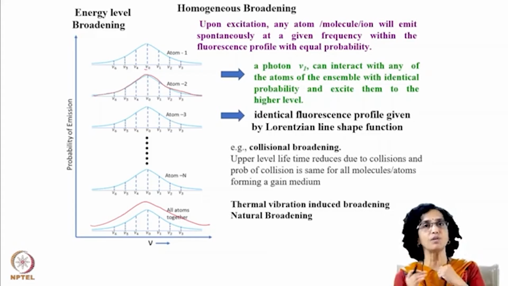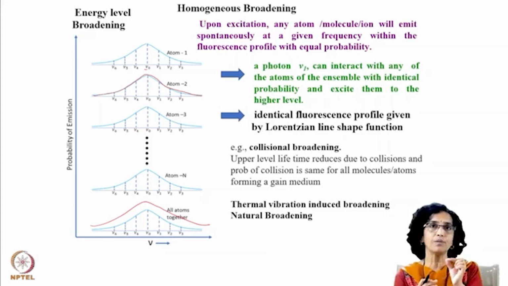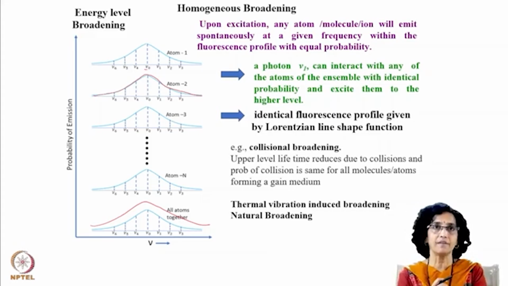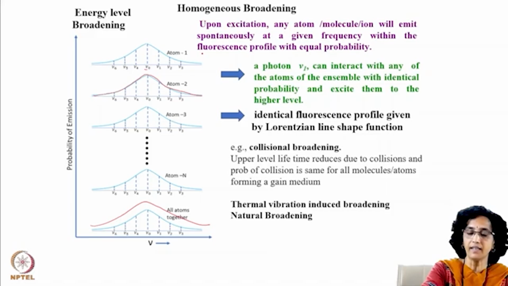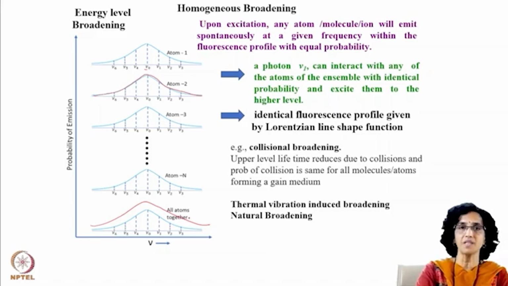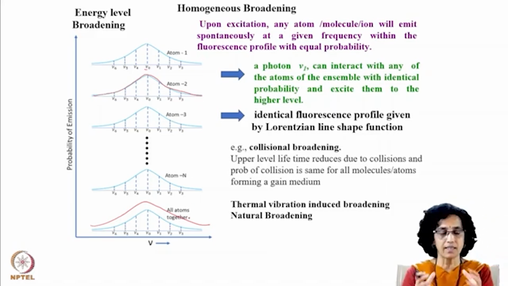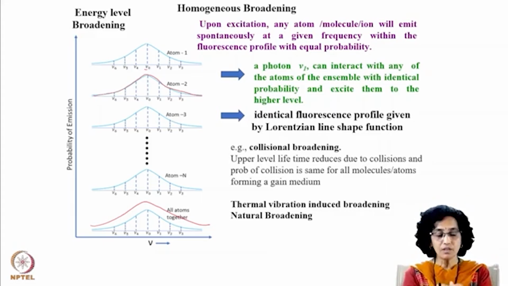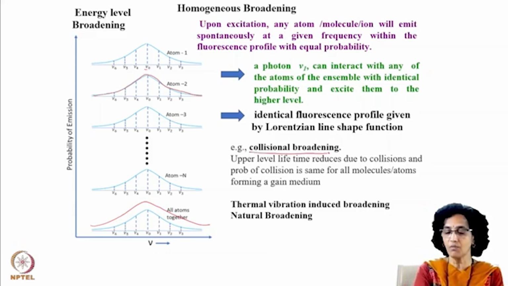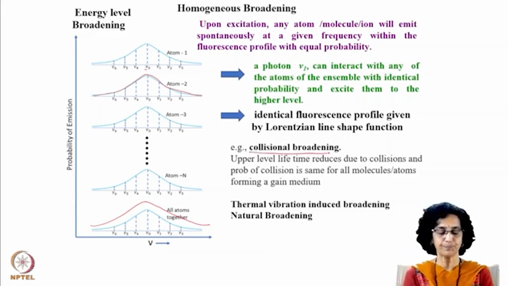It forces it to come down, and therefore there is a change in its lifetime, which results in a broadening. This broadening is identical for all the atoms or molecules constituting that ensemble. Such broadening we call homogeneous broadening. Collision broadening is one such homogeneous broadening.